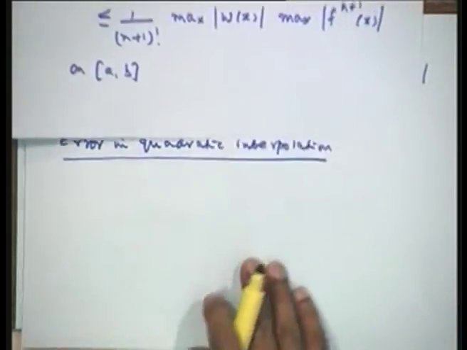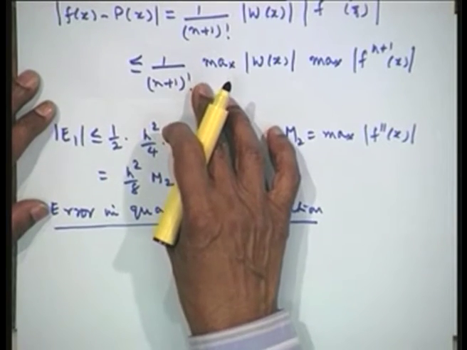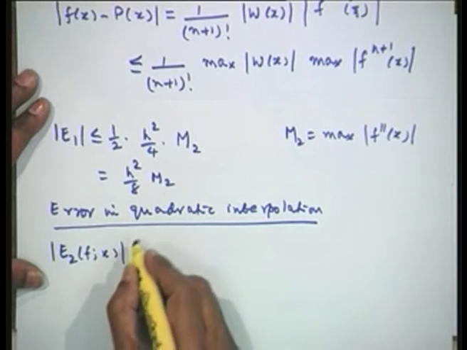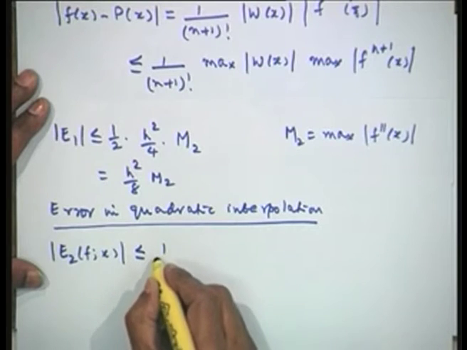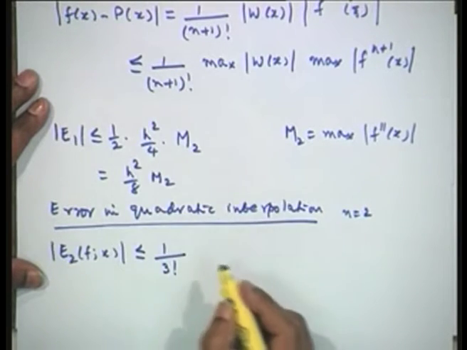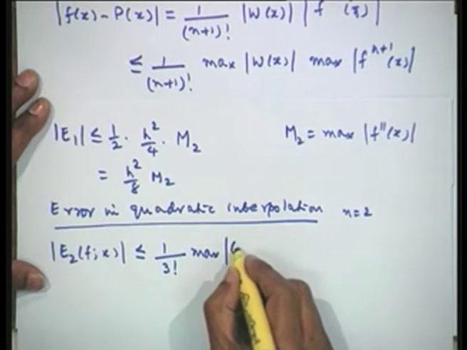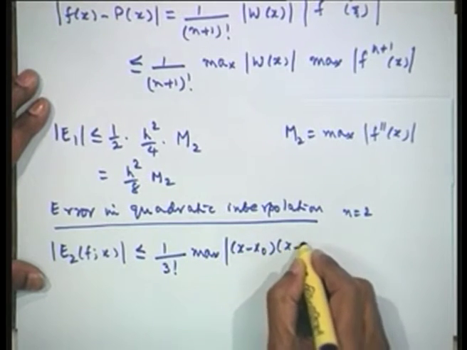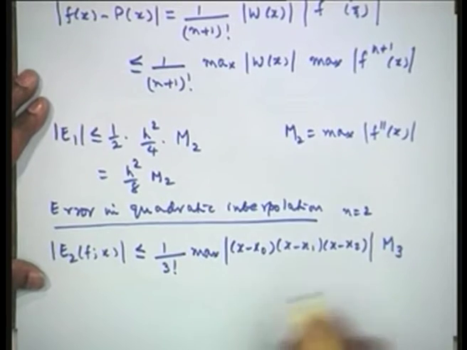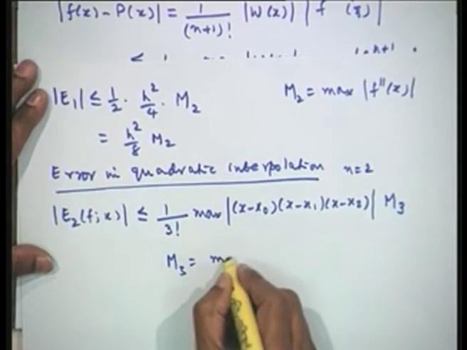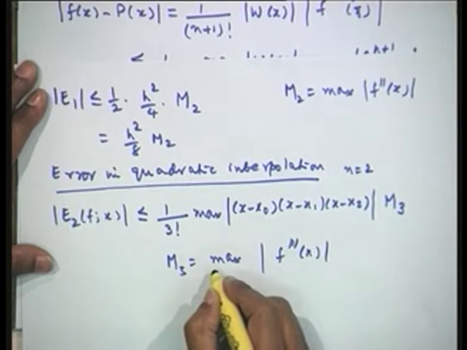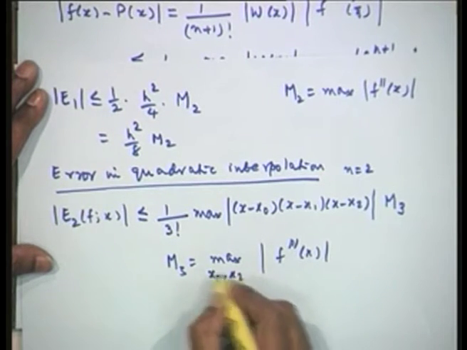Now, the error in quadratic interpolation, let us write straight away from this last expression, that is your error E2 f x would be less than or equal to 1 upon factorial 3, n is equal to 2 now, maximum of x minus x naught, x minus x 1, x minus x 2 into M3, where M3 is the maximum of f triple dash x in the interval x naught, x 2.